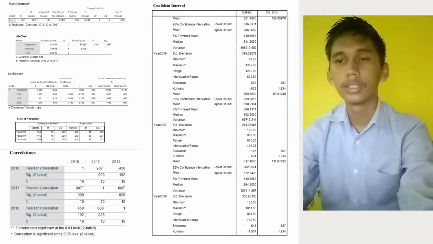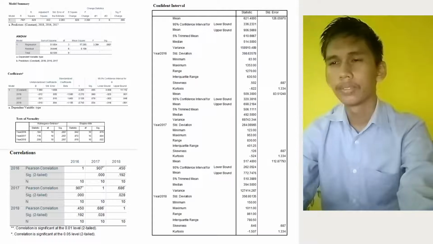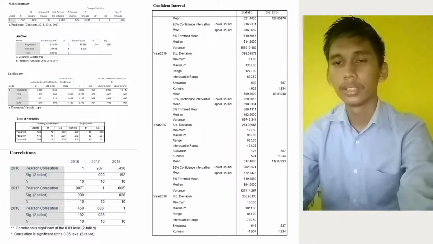For the confidence interval, the results show that for year 2016, the 95% confidence interval for the mean is between 336.2331 to 906.569. For 2017, the 95% confidence interval is between 320.3826 to 698.2184.